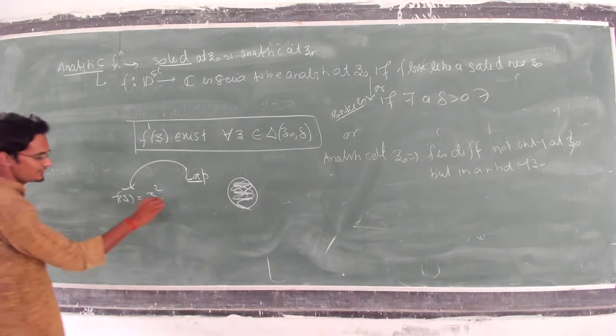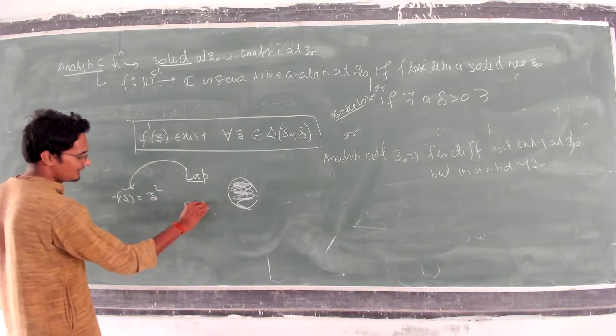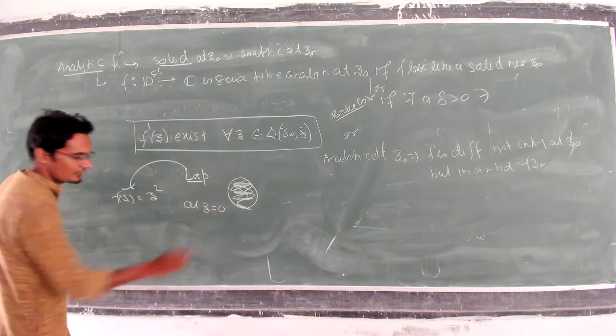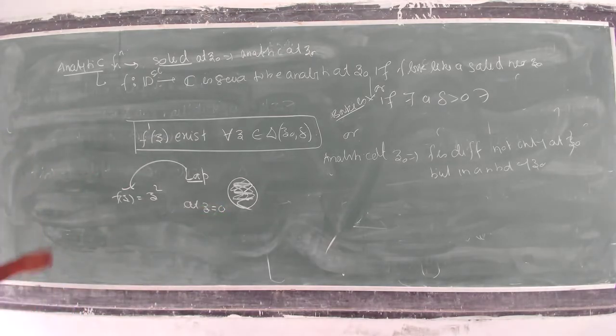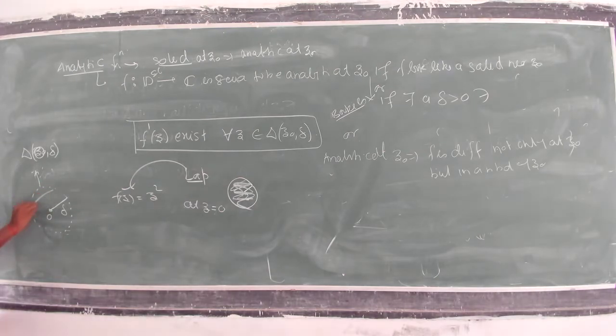I have to check whether this is analytic at z equal to 0 or not. So take a point 0, take a radius delta, and make an open disk. This is a disk, the point is 0. So I made a disk.